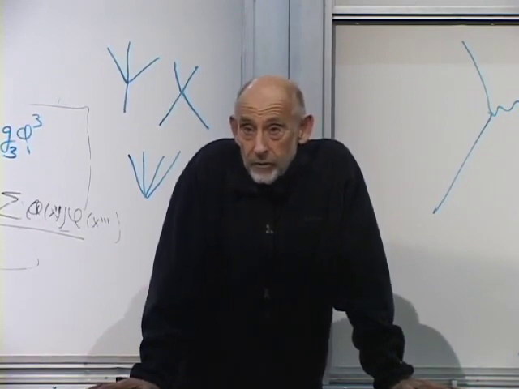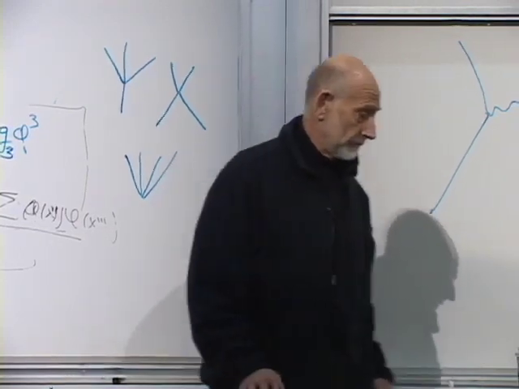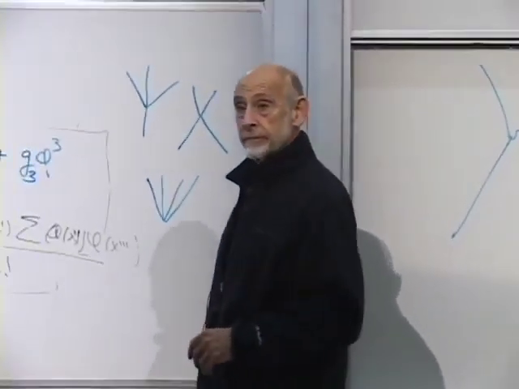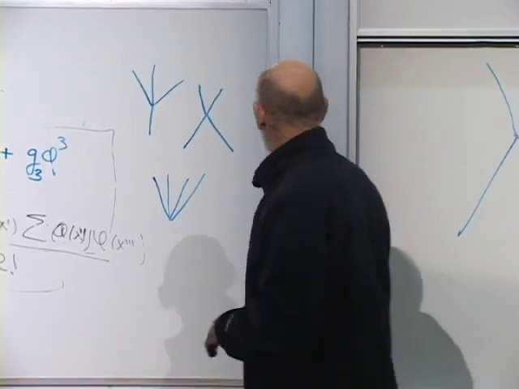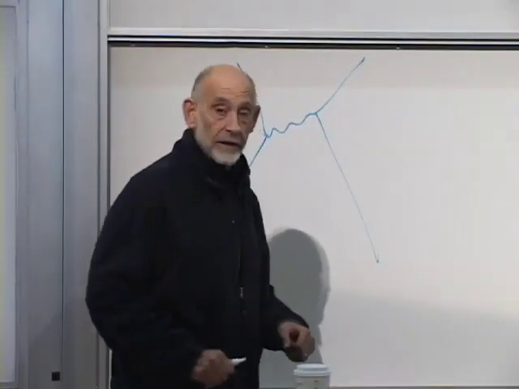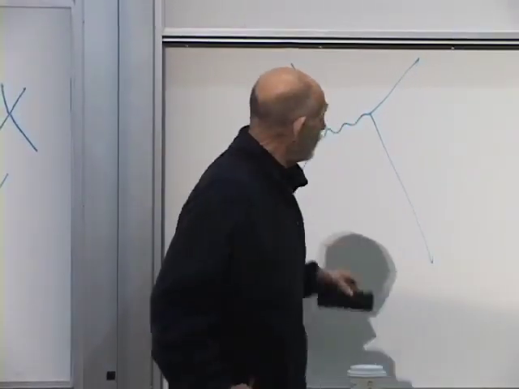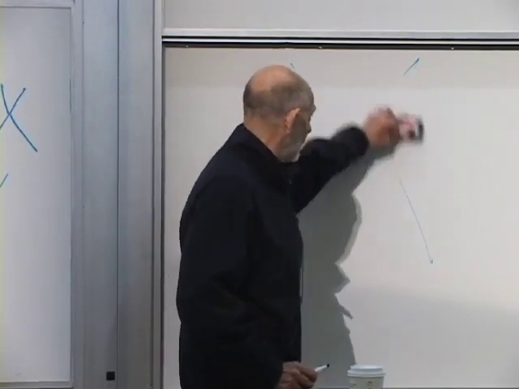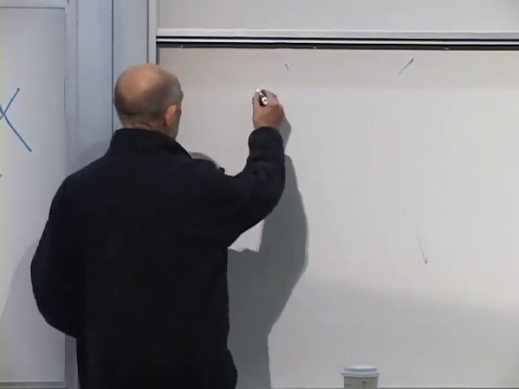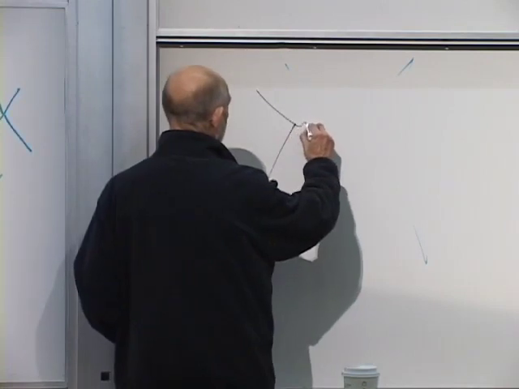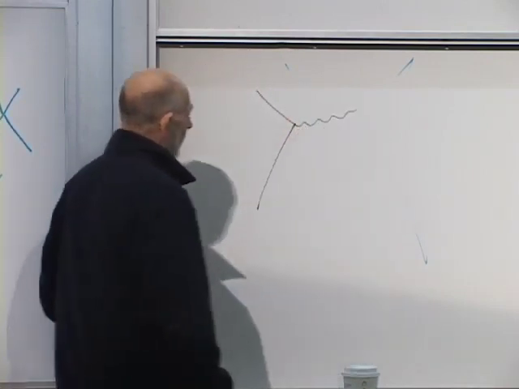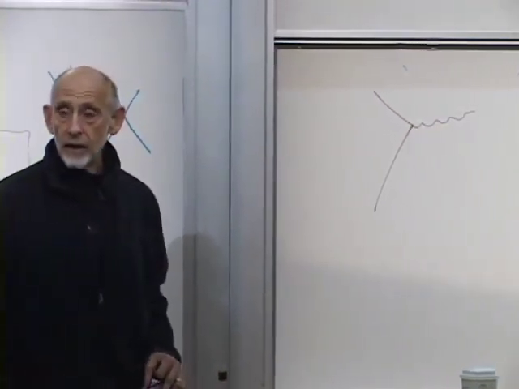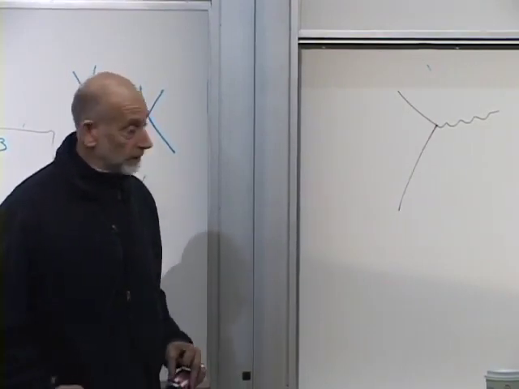In electrodynamics, one, the electric charge. Well, in a sense, the electric charge is a kind of G3. The electric charge is the coefficient in the amplitude representing an electron coming in, an electron going out, and a photon being emitted.